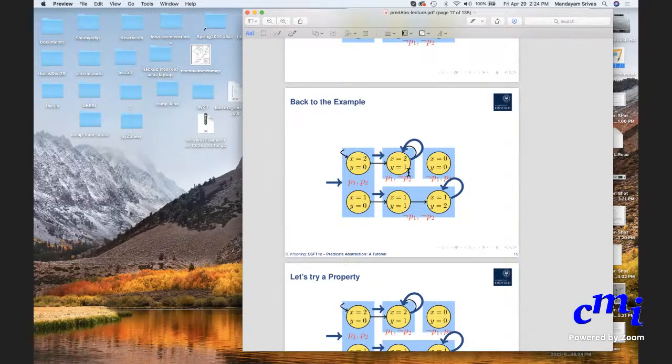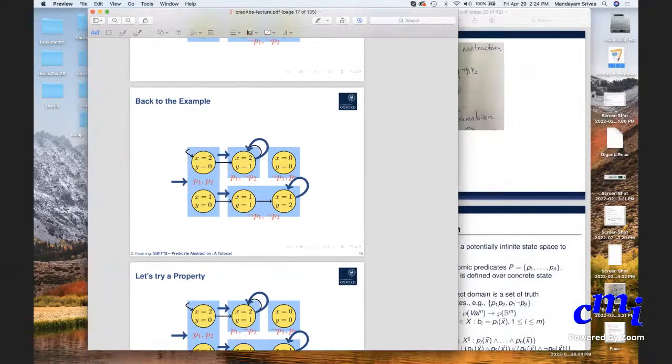Similarly, the number of transitions added is exactly what is required and no more. In that sense, this is minimal. You can always add more than that, and I will show you some example of that as well.